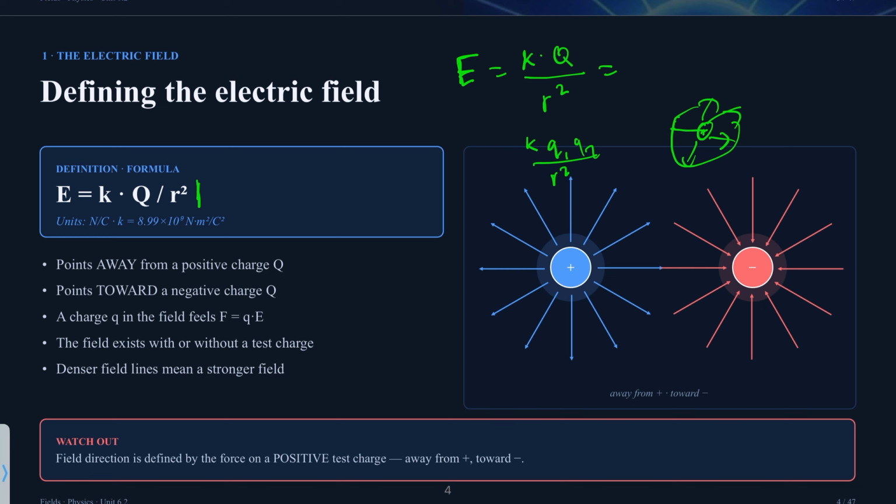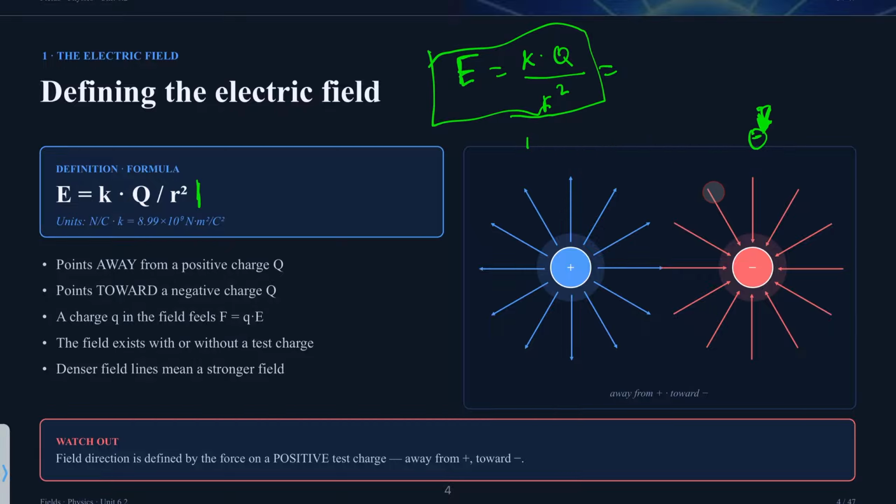And depending on where you place another charge, R would be the distance from this charge to this charge, right? So the field is quantified by that. It's the magnitude of the field at that point, okay? How strong is the field at the point where this proton or electron is placed? So that's what it is. It's the strength of the field at a certain point.